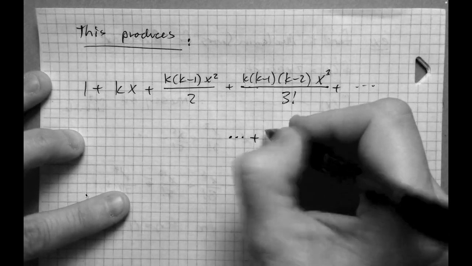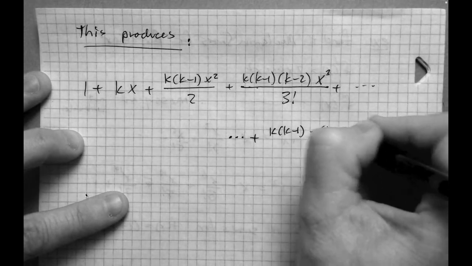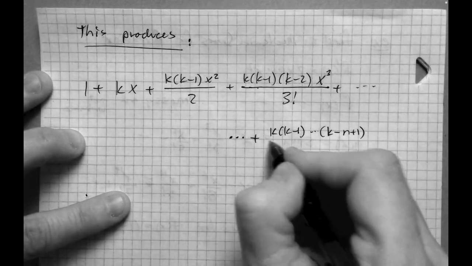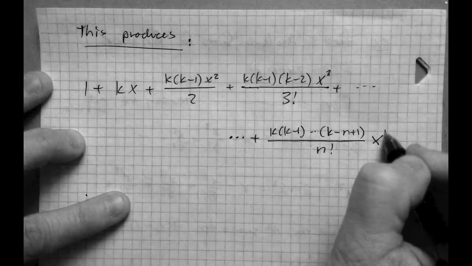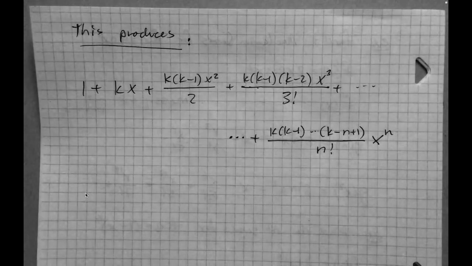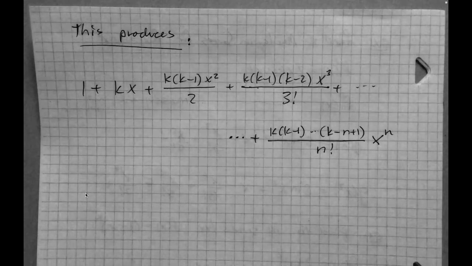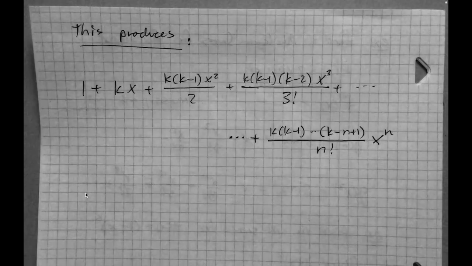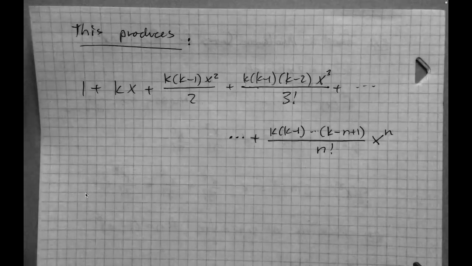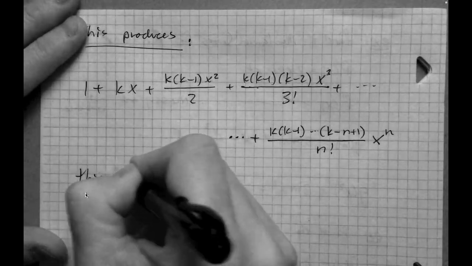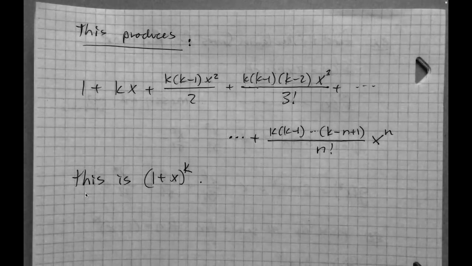Plus, and then it'll just be k times k minus 1 dot dot dot k minus n plus 1 all over n factorial, and then it's just going to be x to the n. So this is really general. It depends on k. But this is going to be your MacLaurin series for 1 plus x to the k. Okay, this is 1 plus x to the k.